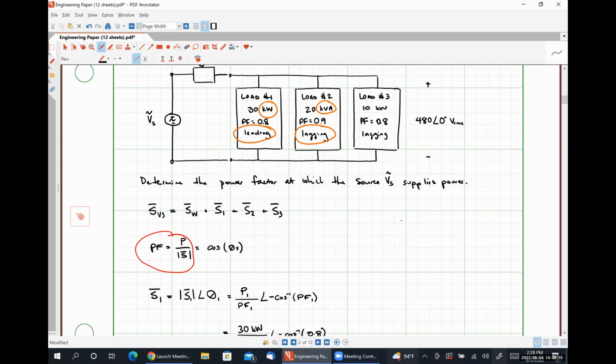One of you tell me what the apparent power is supposed to be. (10 over 0.8). That is exactly correct. And that comes out to be 12.5.